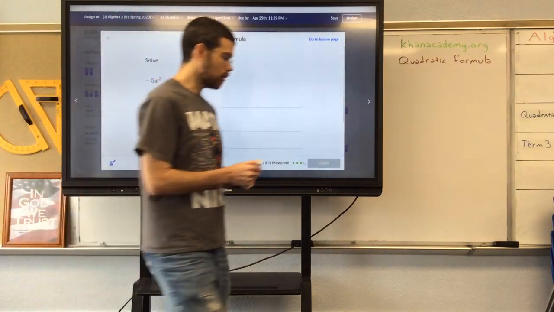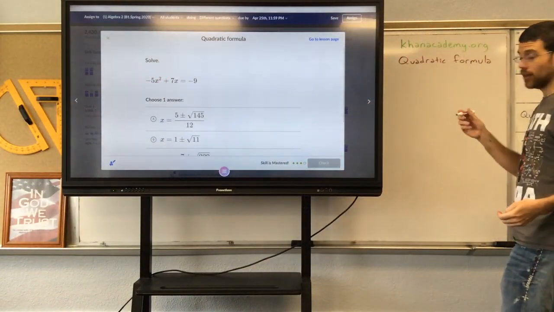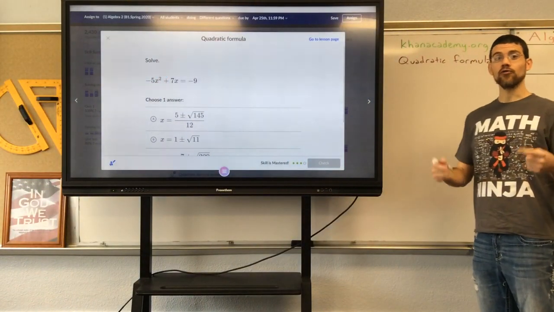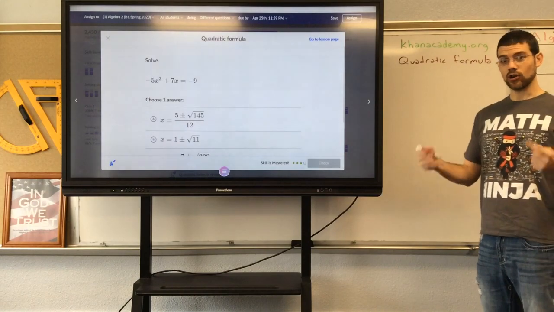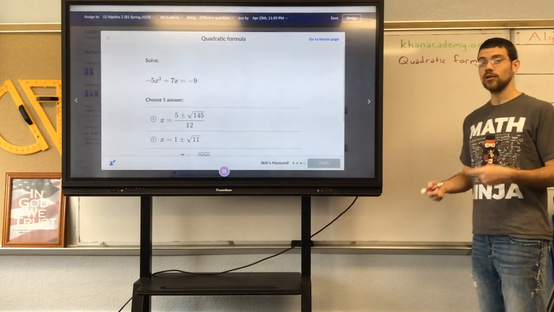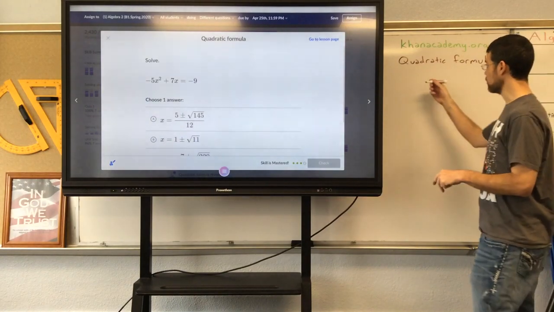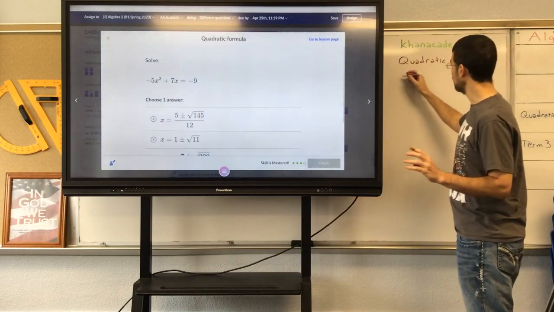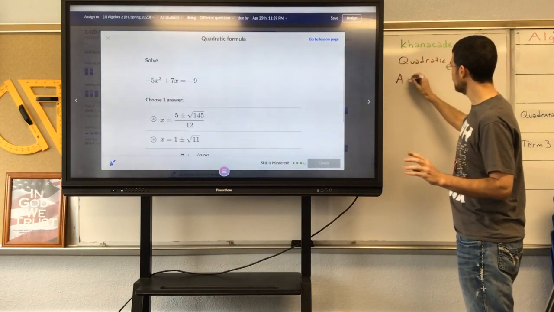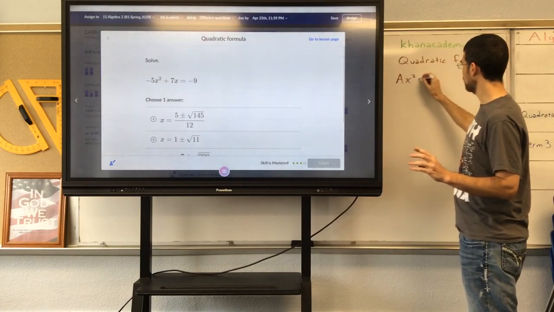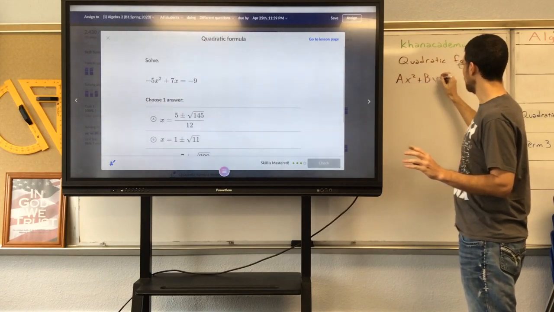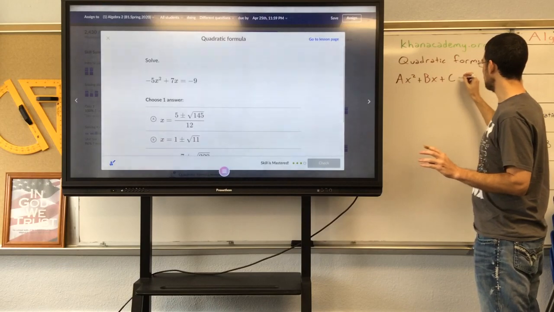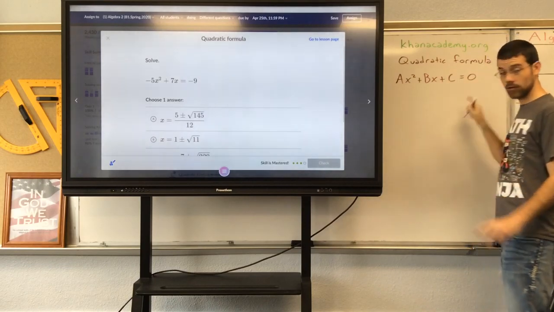Now, the quadratic formula is used to find the zeros of a quadratic function when it's stated this way. So if you have a function that looks like this, ax squared plus bx plus c equals 0.